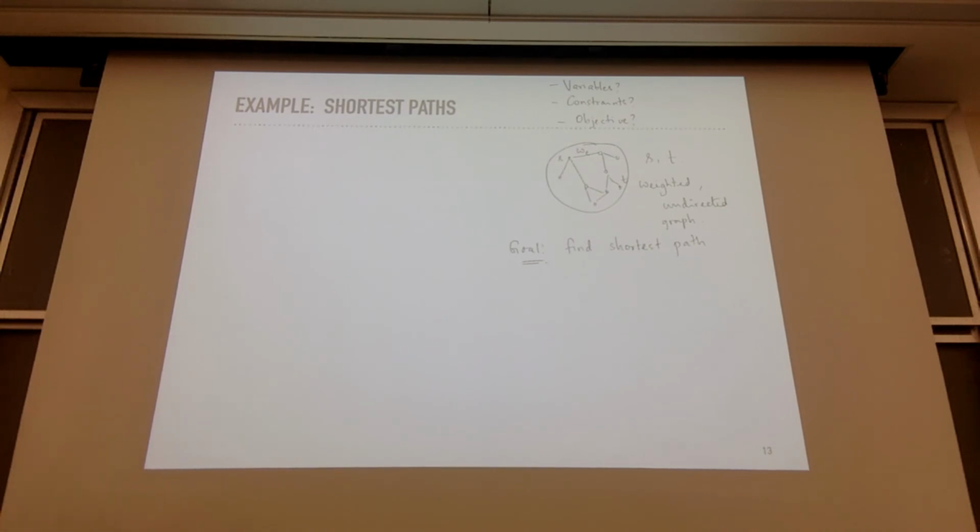So for every edge, x_e is 1 if e is on this candidate shortest path and 0 otherwise.